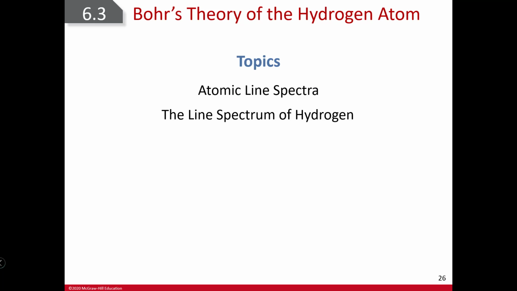All right, so once Einstein says that there's these packets of light called photons, discrete packets, and that they give off a certain frequency, then we start investigating the atom. So let's look at the next slide here.